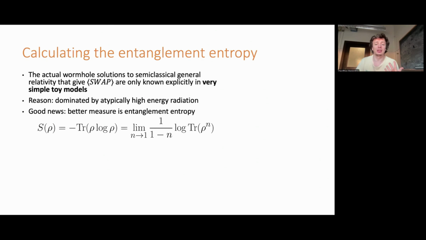So the better measure is the entanglement entropy. So how would we go about computing that? By some sort of similar calculation? Well, the entanglement entropy, rather than trace of rho to some power, is trace of rho log rho. But we can write that just as a limit as n goes to 1 of 1 over 1 minus n times log of trace rho to the n.